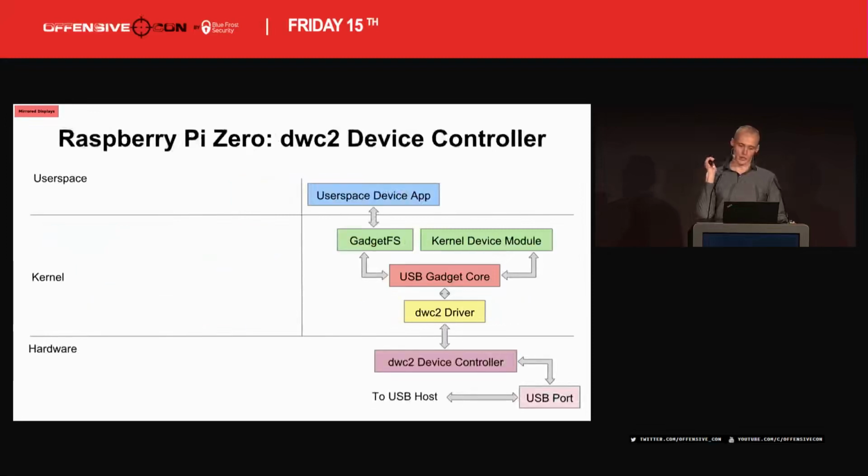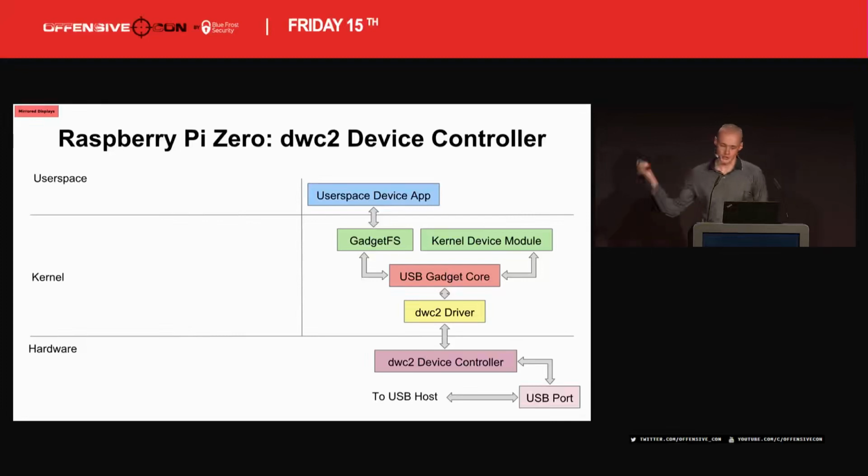Let's actually look at the board that I have here, called Raspberry Pi Zero, right? Raspberry Pi Zero actually has a USB device controller inside of it. It's called DWC2. This is the kind of thing you would normally use Raspberry Pi for. There are a bunch of tutorials online on how you can emulate a keyboard on Raspberry Pi Zero.